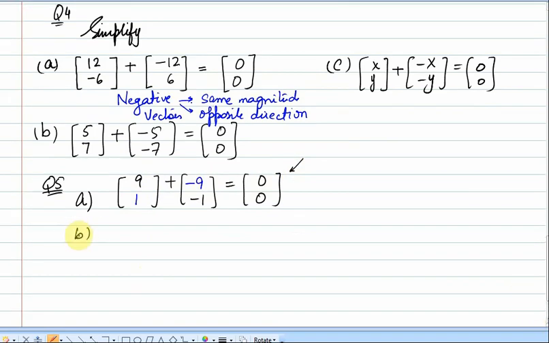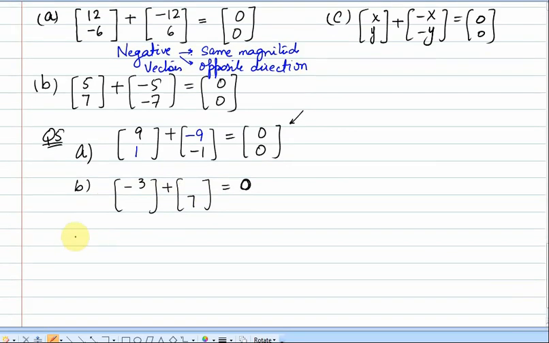For the next part, it's minus 3 plus blank equals 0, and minus blank plus 7 equals 0. For the next part, C, P plus blank and blank minus Q. Now you have 20 seconds to attempt these two questions.